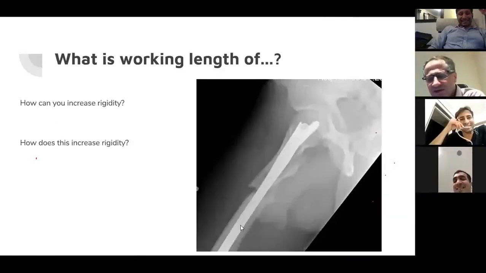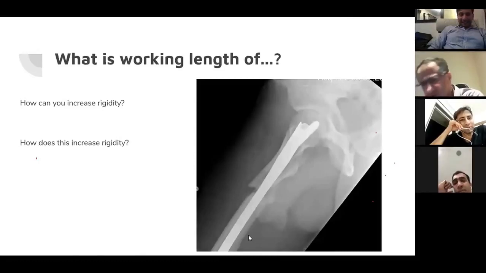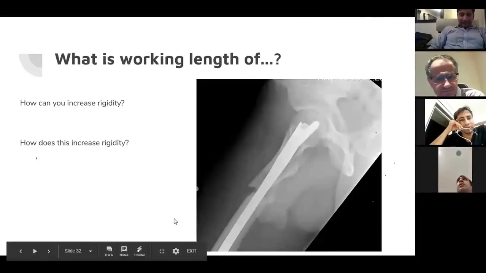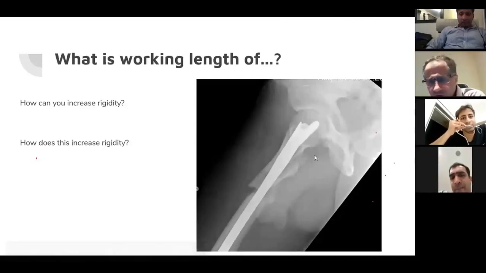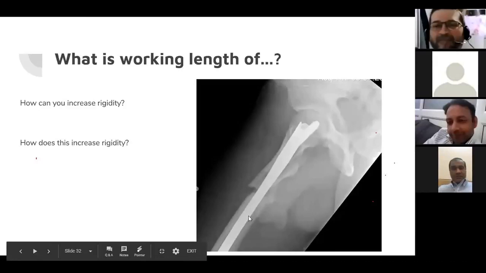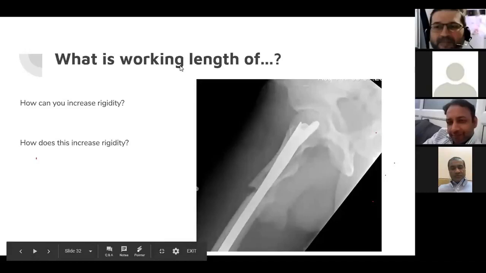Can you think of anything else about this construct which would tell you the working length is shorter than that? If you look very closely over here. No, I'm not getting anything. Okay, so the working length of an intramedullary nail is the working length. Take the definition that we already presented.